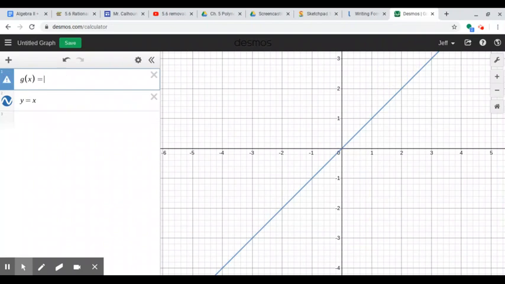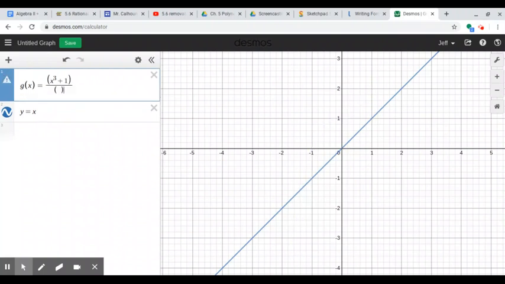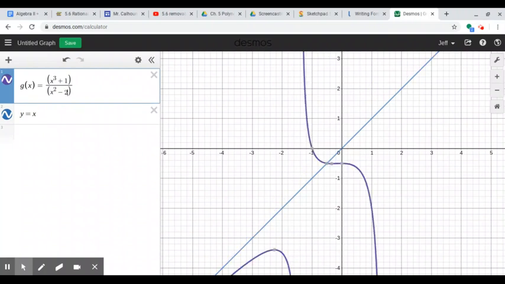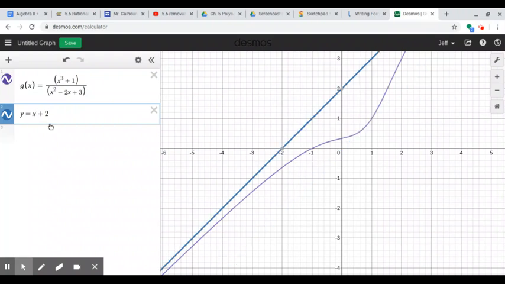So our graph, we'll just call it g of x, is x cubed plus 1 divided by x squared minus 2x plus 3. Okay, and I'm also going to plot our slant asymptote. Our slant asymptote we established was x plus 2.